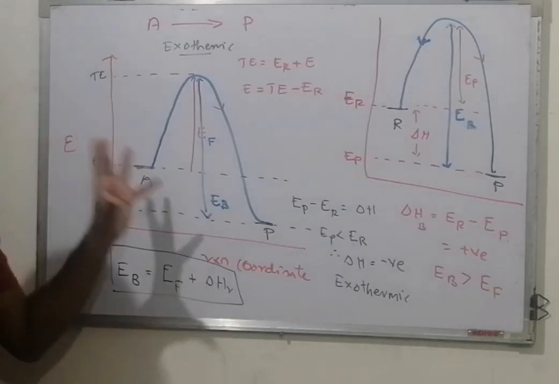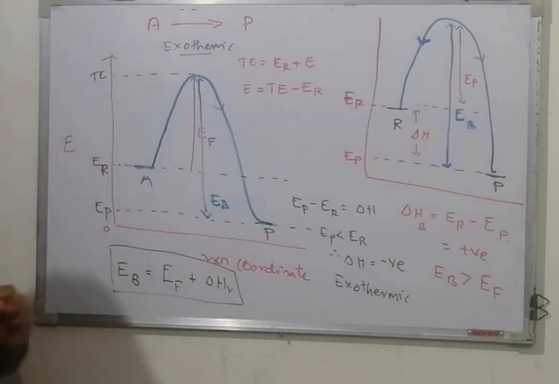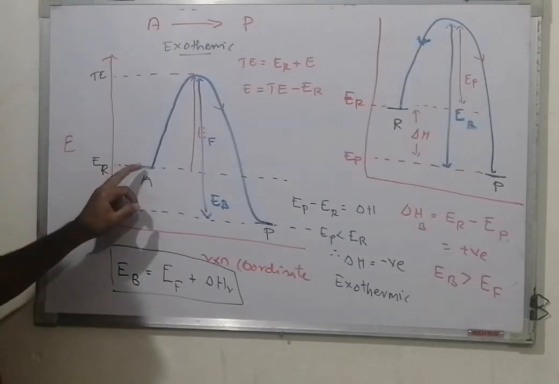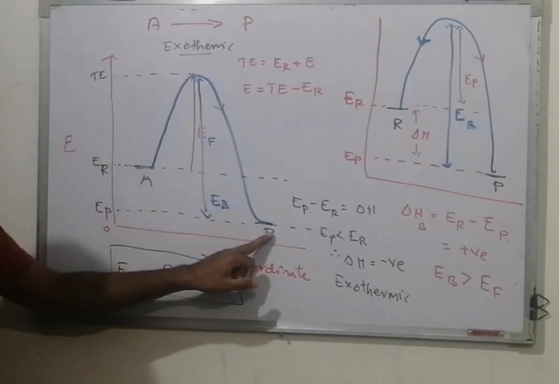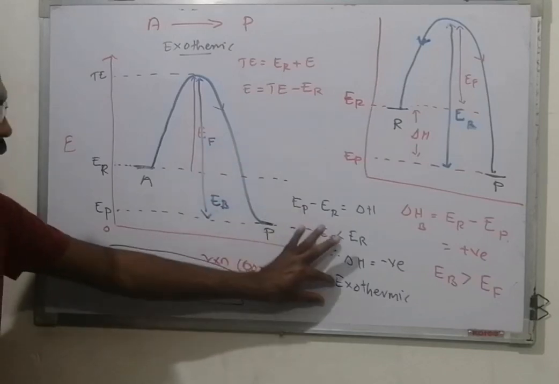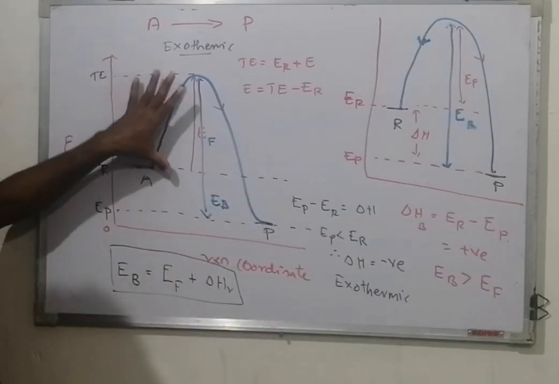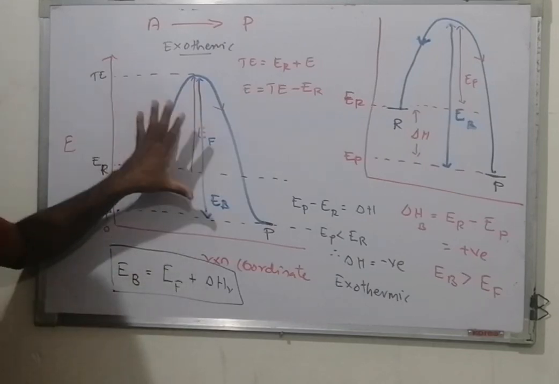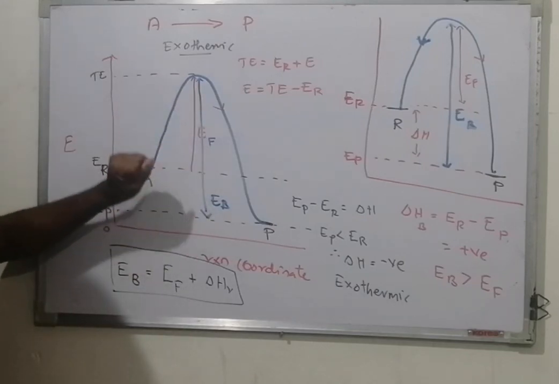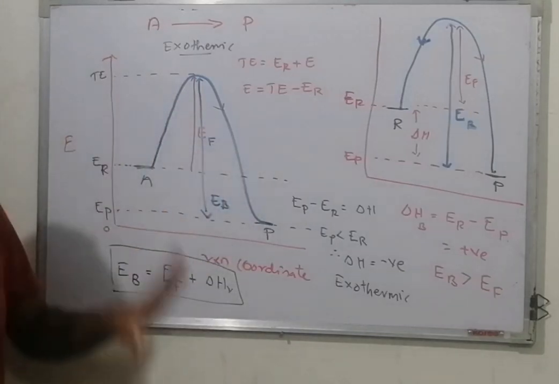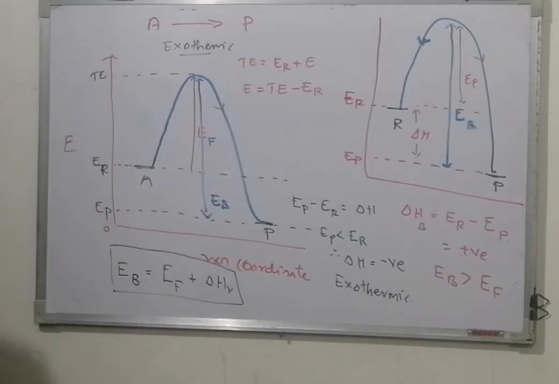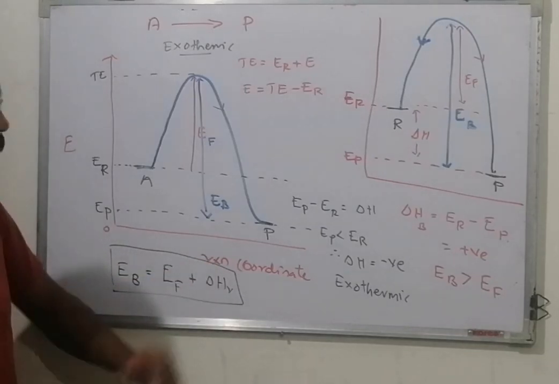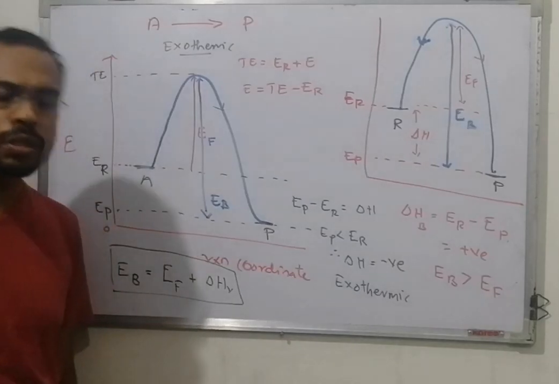Now these graphs are very important. If you draw an exothermic reaction, please draw reactant up, product down. Enthalpy of reaction will be negative. Activation energy of forward will be shorter than activation energy of backward. Activation energy of backward is equal to activation energy of forward plus enthalpy of reaction. That is for exothermic reaction.